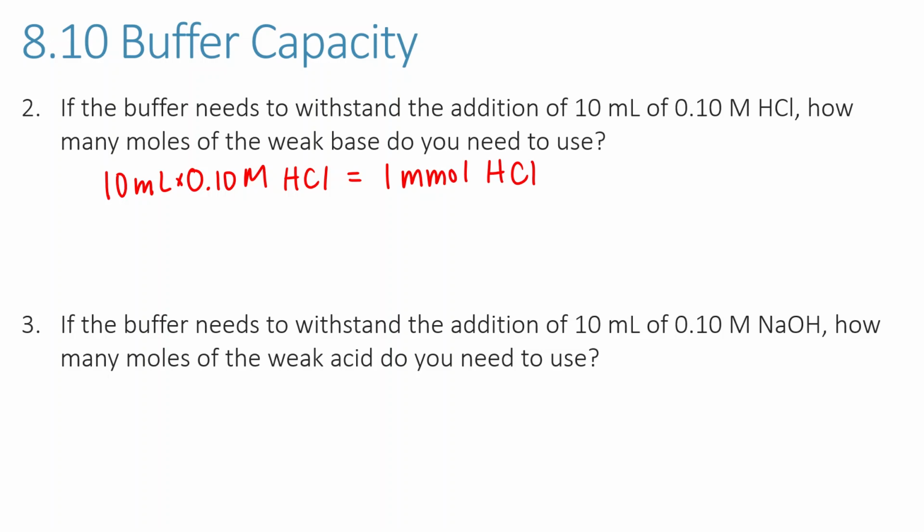Now, my weak acid that we've chosen, benzoic acid, these are all monoprotic acids, which means the ratio of HCl to sodium benzoate here is going to be 1 to 1. So if I have 1 millimole of HCl, I'm going to need at least 1 millimole of my weak base here, which is going to be the sodium benzoate.